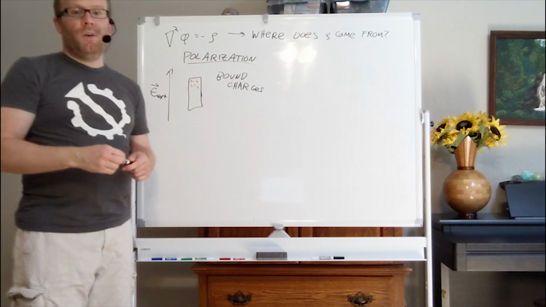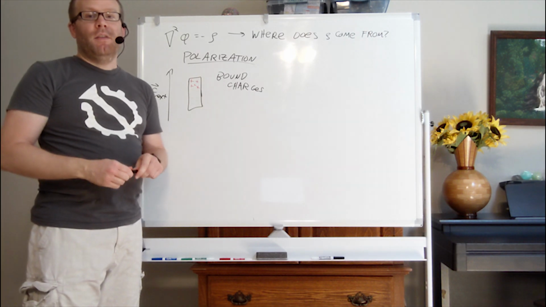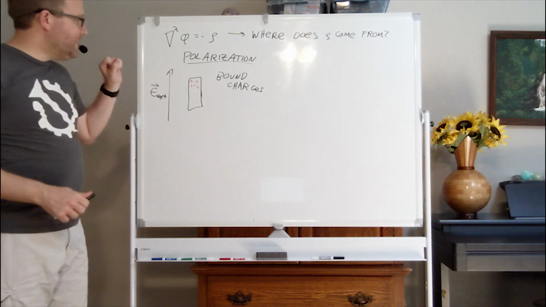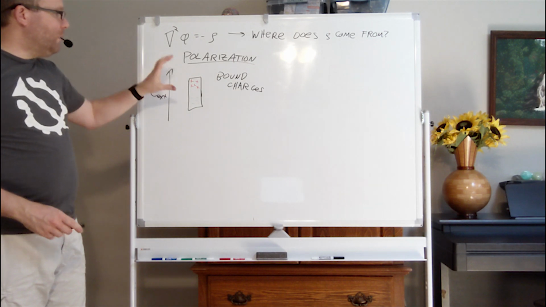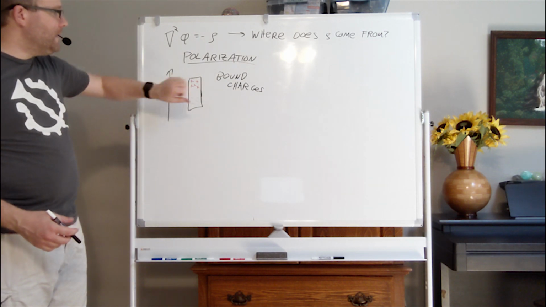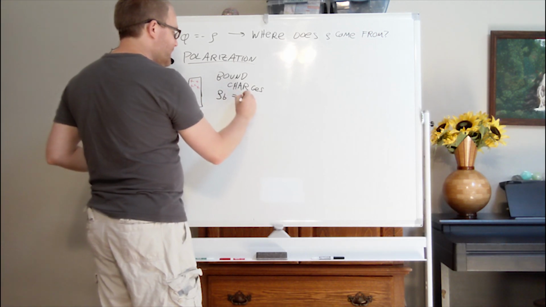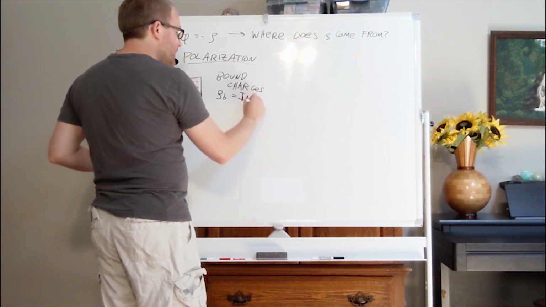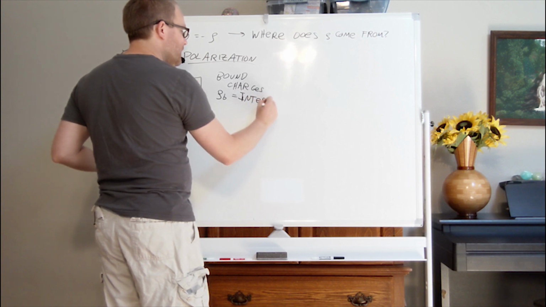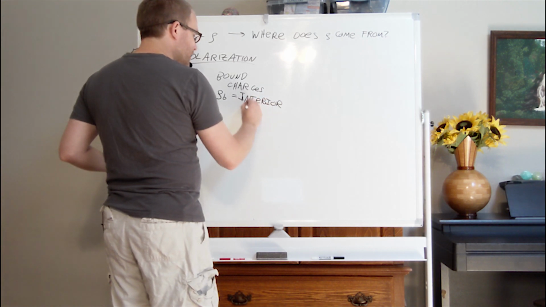So we call these things bound charges. And it turns out, when you work out the math on this, the bound charges can end up in one of two places. They can either end up inside the material, in which case you have a rho bound charge density, so this is the interior bound charge.